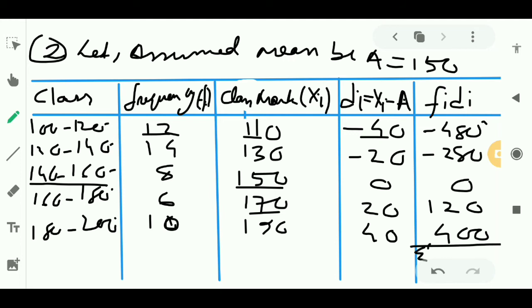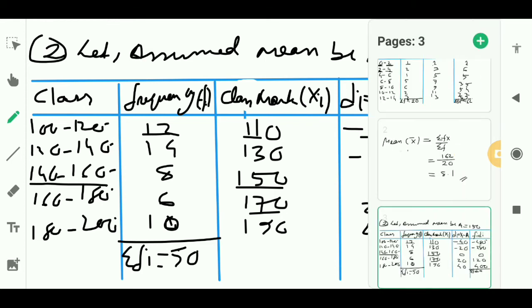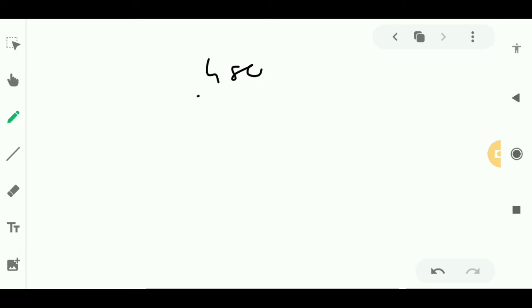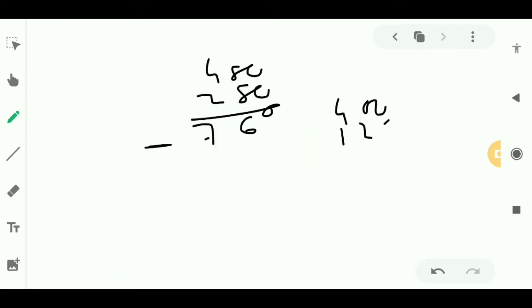We will write summation fi di, because we have to do the sum, and also summation fi, which we need. Summation fi, if we add, we get 50. Then we add 480 and 280 together, getting 760, negative. And 400 and 120 we add, and we get 520.